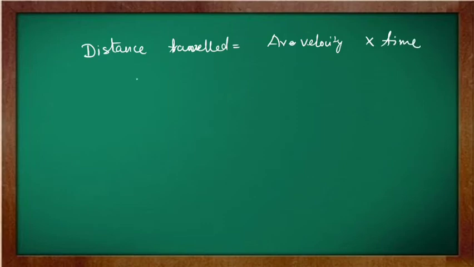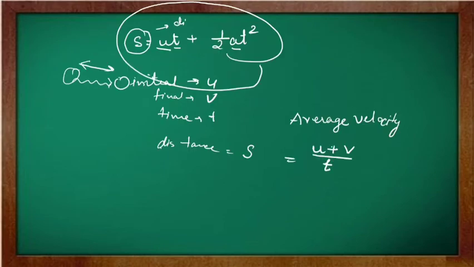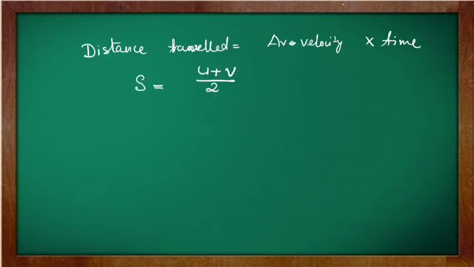Here we have assumed that our distance is s. Oh sorry, in this case the average velocity will be u plus v by 2, not t, sorry, this will be 2. So now the average velocity is u plus v by 2 and your time is t here. Now you have to do the multiplication in this case.